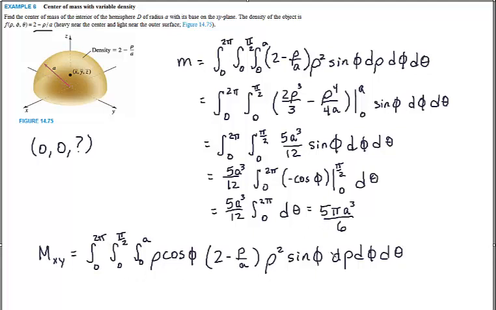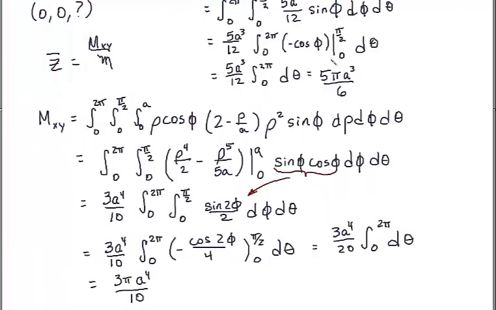Then we'll compute this integral and then get the ratio for z, because z bar, oops, that's not a bar, z bar is going to be equal to the moment with respect to xy over that mass, and we'll compute that value. Alright, after computing those integrals, here's my mass, here's my moment.